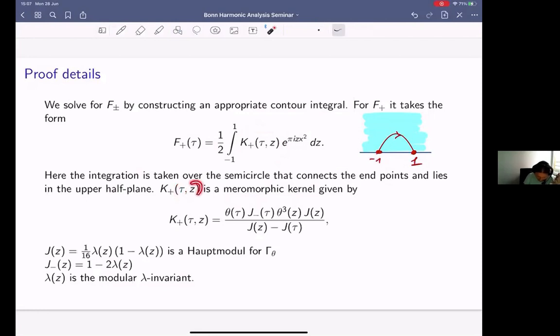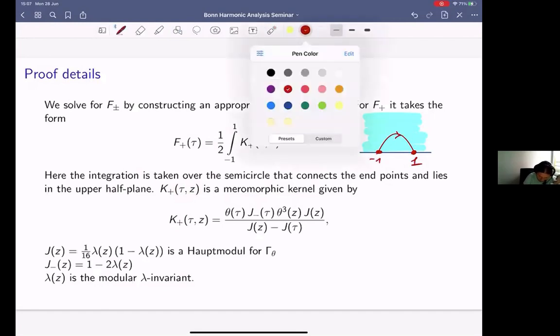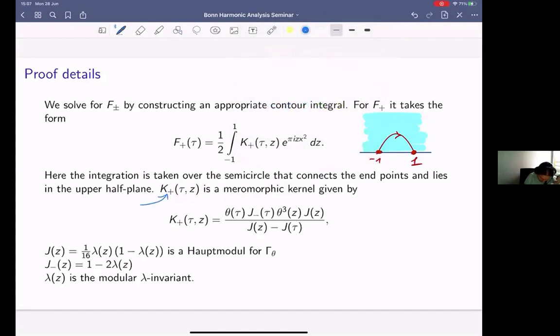It behaves as a modular form of complementary weight, 2 minus 1/2, with respect to the variable z. And so we can write it explicitly in this form.